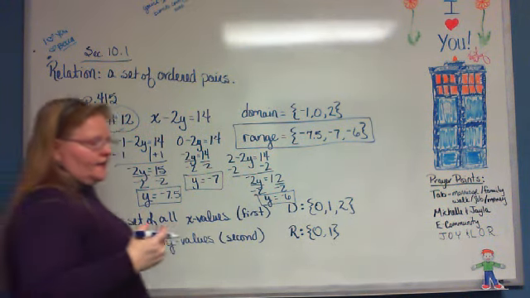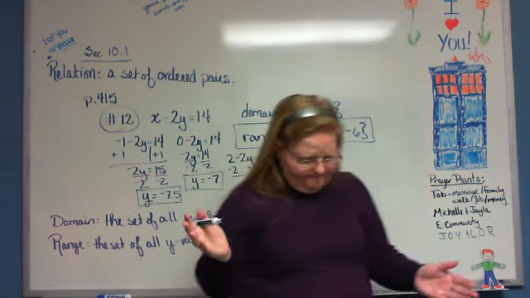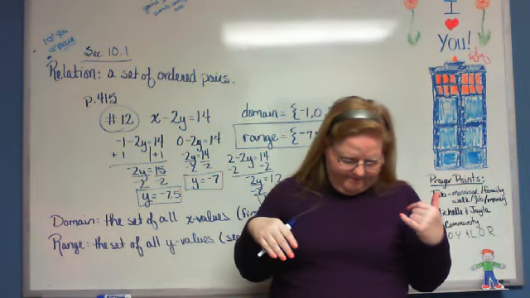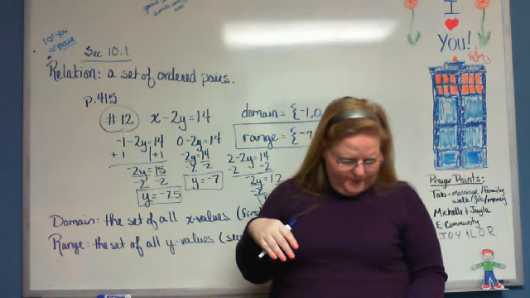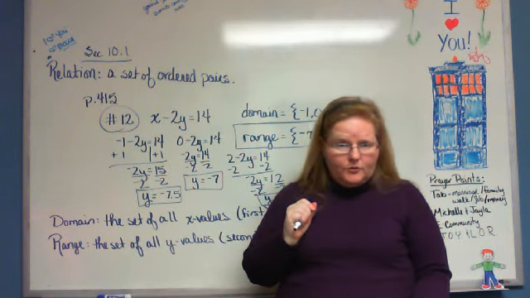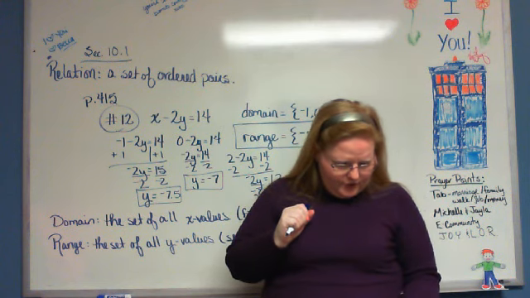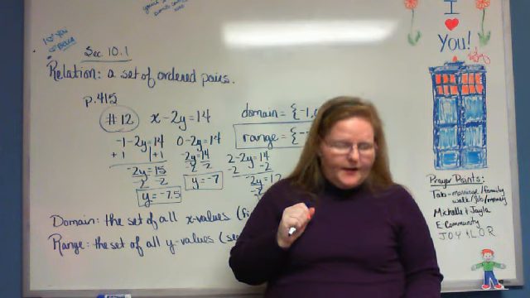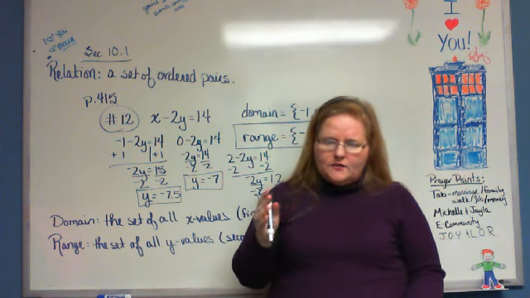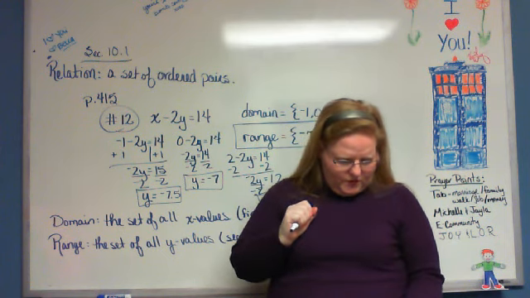Sometimes, like in problem number 2, if you'll look at problem number 2, they just ask you for the domain and the range. So my domain is going to be all the numbers on the left underneath my x, because domain is all your x's, and my range is going to be all the numbers on the right.